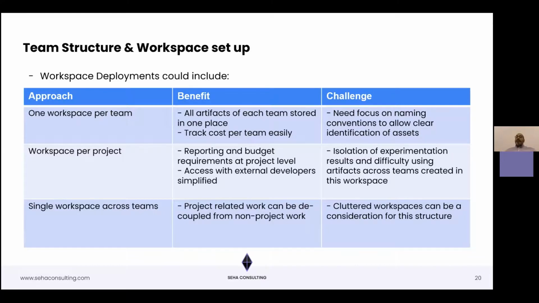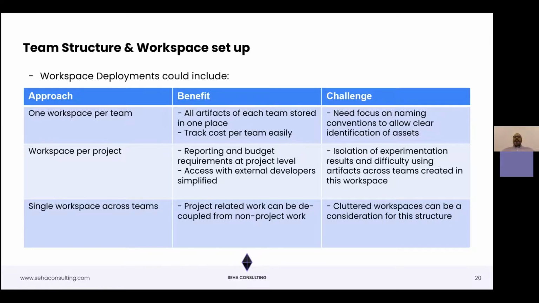Even within one team, if one project is working on one type of model and another project is working with other types of assets, you need naming conventions to allow clear identification of those assets.